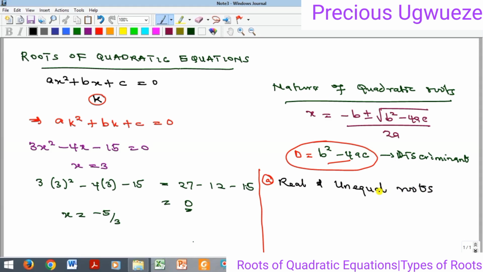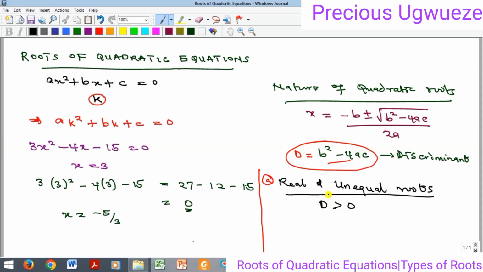And when does this happen? This type of root is obtained in an equation where your d, which is the discriminant, is positive, that is, when it is greater than 0. You are going to obtain real and unequal roots.